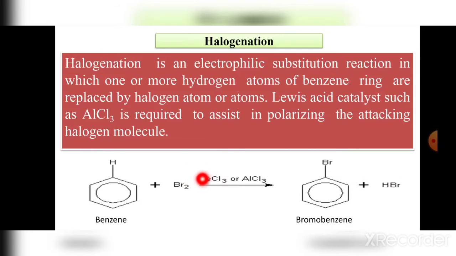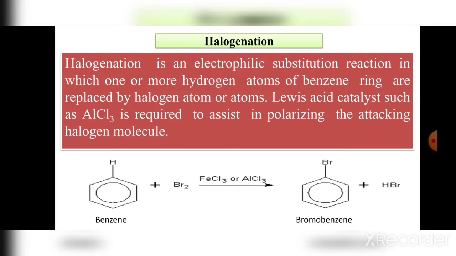Or for chlorination, we can use Cl2 in presence of FeCl3 or AlCl3, and we get chlorobenzene. If the question is asked in an exam, how will you convert benzene to chlorobenzene, we use Cl2 in presence of FeCl3 or AlCl3. Or, how will you convert benzene to bromobenzene? Then we use Br2 in presence of FeBr3. We can easily convert benzene to bromobenzene.